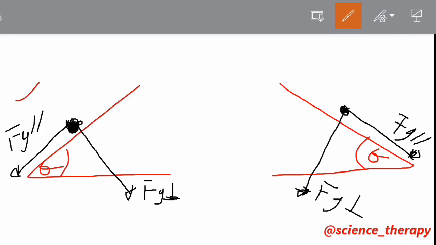And the Fg perpendicular becomes perpendicular to the Fg parallel, and you can see it is also perpendicular to the inclined surface, right? Now if your incline is sliding all the way down to the right, even your Fg parallel will slide down to the right, so it is parallel to that surface, right? And then your Fg perpendicular will form that 90 degrees with the Fg parallel and the incline, right? So that's what is going on there.